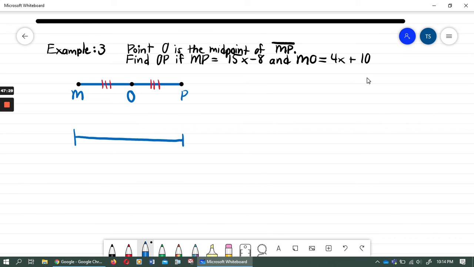They tell us that MP, the length of the whole segment from M to P, is 15x minus 8. And then they tell us that MO, the length of segment MO, right there, is 4x plus 10.